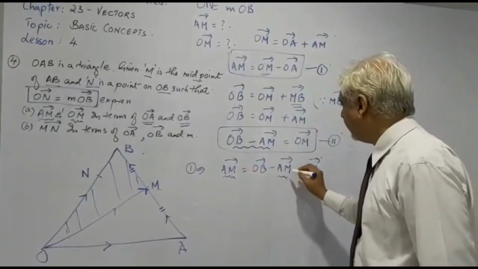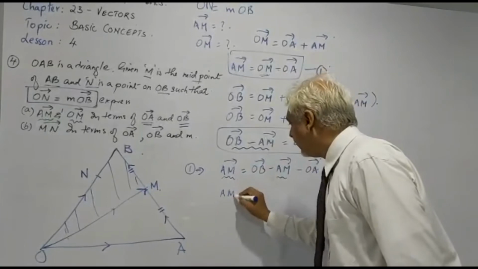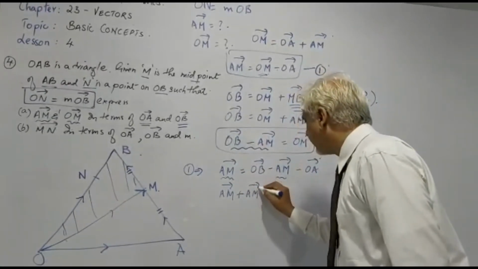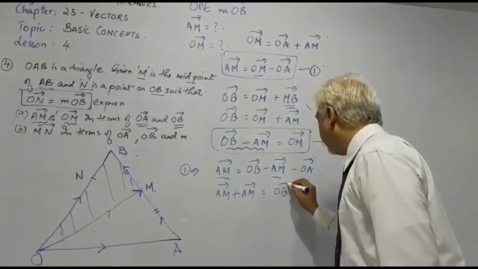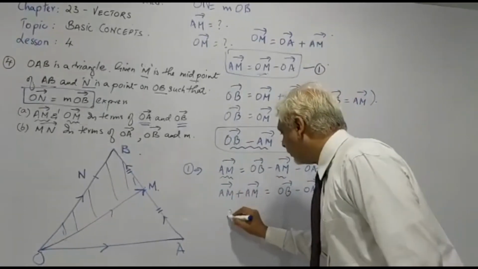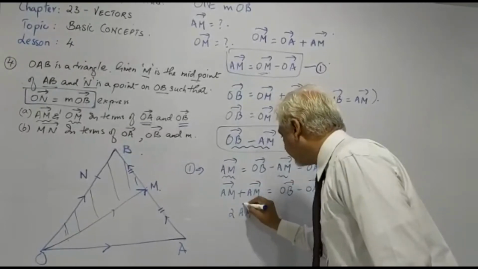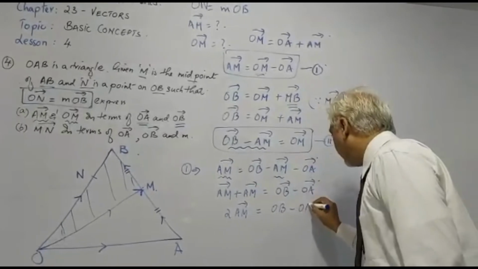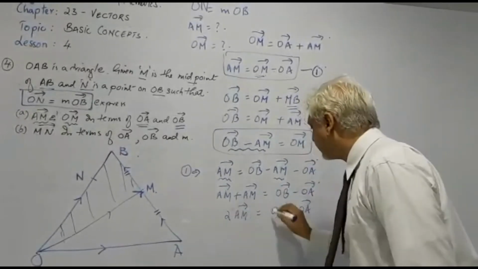Let me bring this AM to the other side. AM plus AM is equal to OB minus OA. AM plus AM gives you 2AM, which is equal to OB minus OA. Now bring this 2 to the other side.